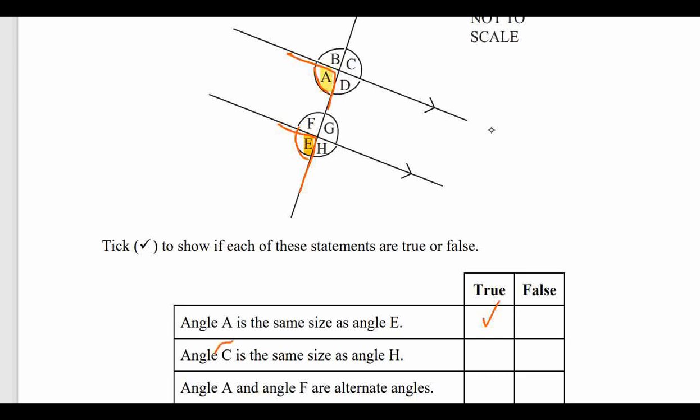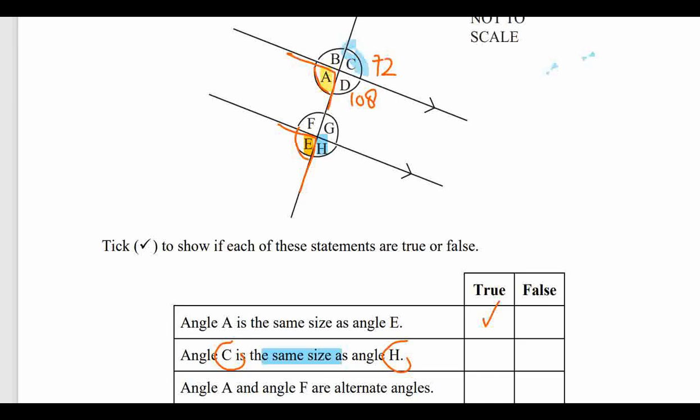Second one, angle C is the same as angle H. You see C is somewhere here, H is somewhere here. This is not corresponding because it's a different position, and it's not alternate. Let's take an example. If this is 72, this is 108, because they have to make 180.